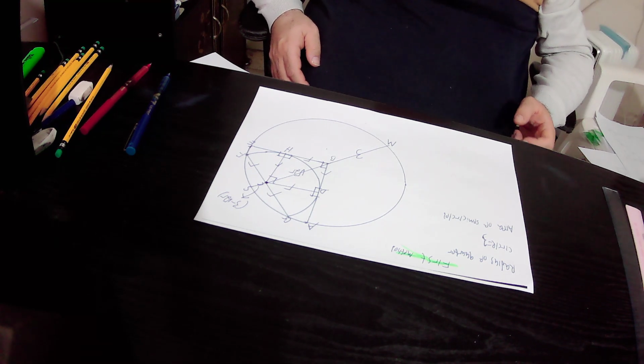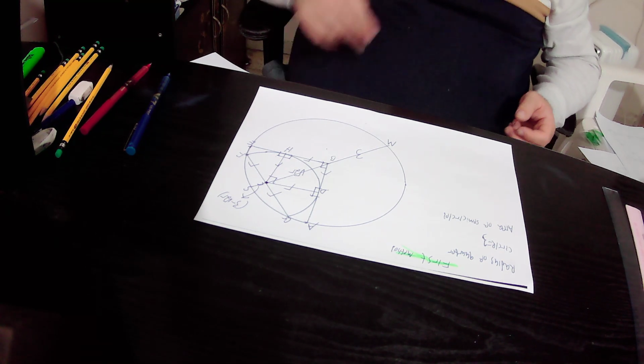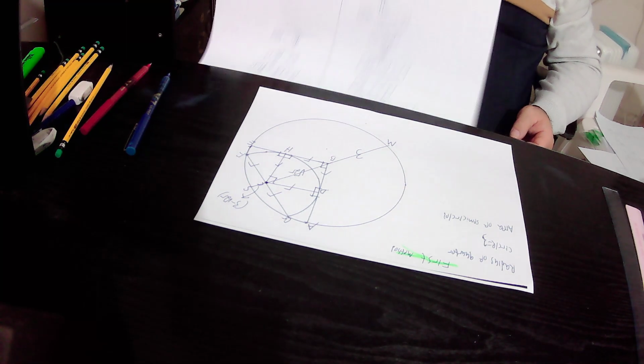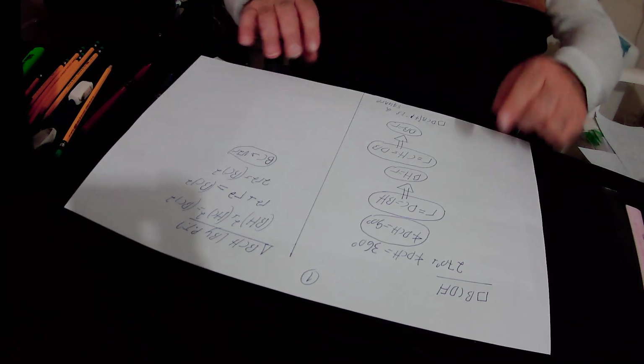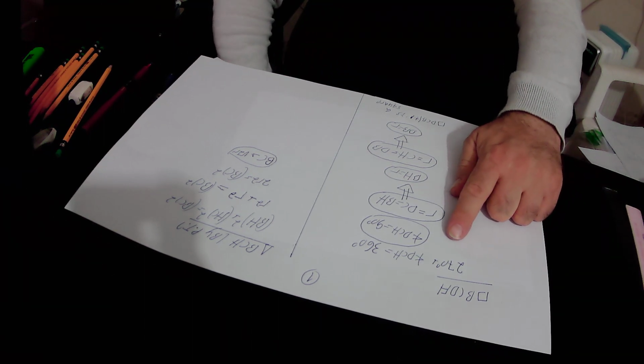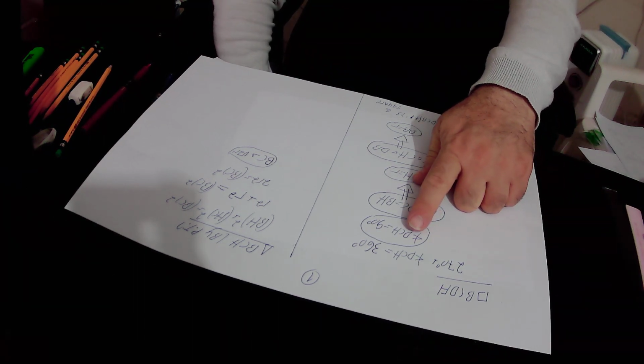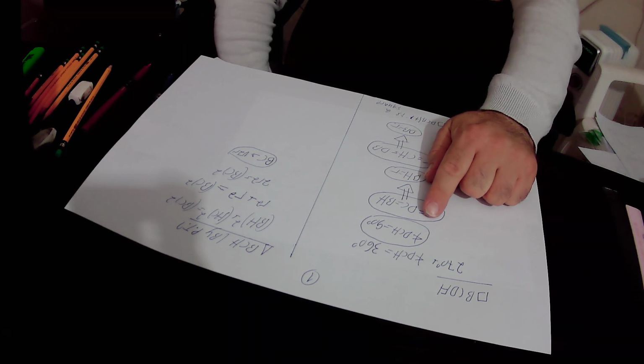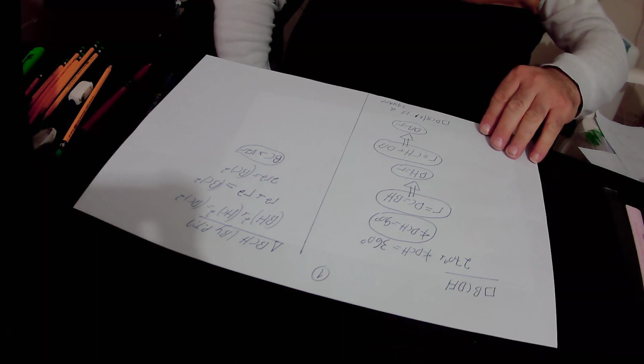So we have here a quadrilateral with 3 right angles: 1, 2, 3. We know that the sum of 3 right angles is 270 degrees, so the fourth angle must bring the total to 360 degrees, according to the rule that the sum of the angles in any quadrilateral is equal to 360 degrees.